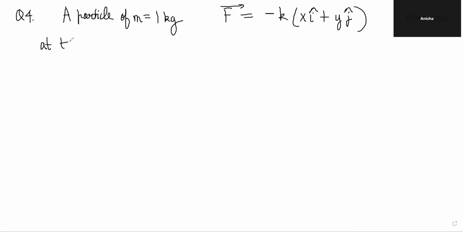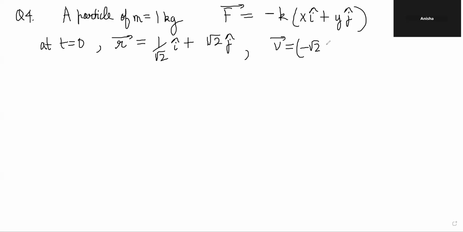At t = 0, the particle's position vector is (1/√2) i + (1/√2) j, and the velocity vector is -√2 i + √2 j + (2/π) k.